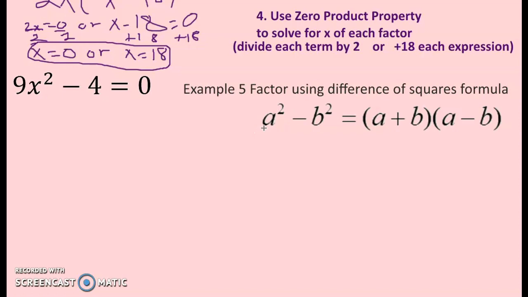Notice that these a's and b's are not the same thing as what we've been doing on the previous examples. This is like the entire base. So this one's base is 9x and this one's base is 4. So let's go ahead and find those.